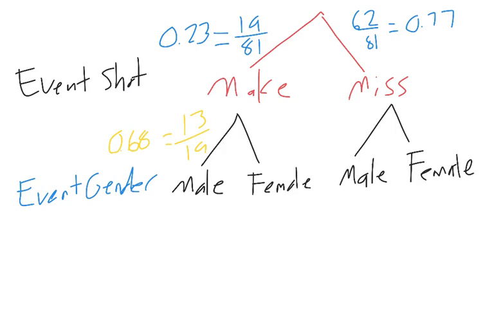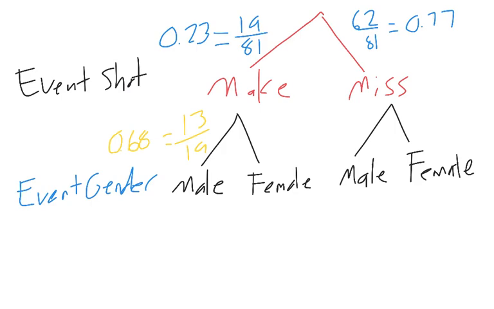Okay, let's look at the second branch there. What would go in the female spot? What proportion of the makes were by females? 6 out of 19.